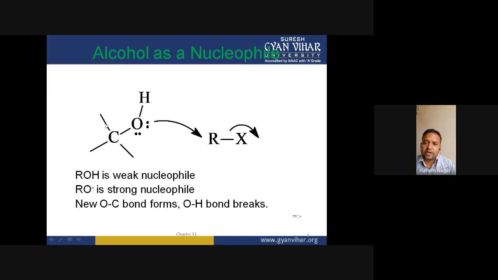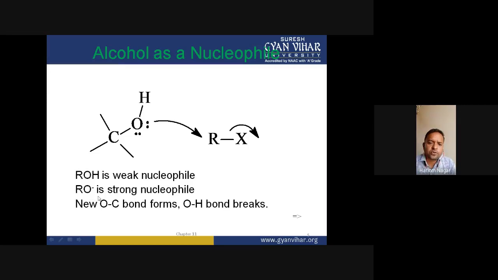This group is the R group, alkyl group, and this is oxygen with negative charge, so this is RO minus, this is alkoxide, because the alkyl group is attached with the oxide atom, right? So this is called alkoxide.